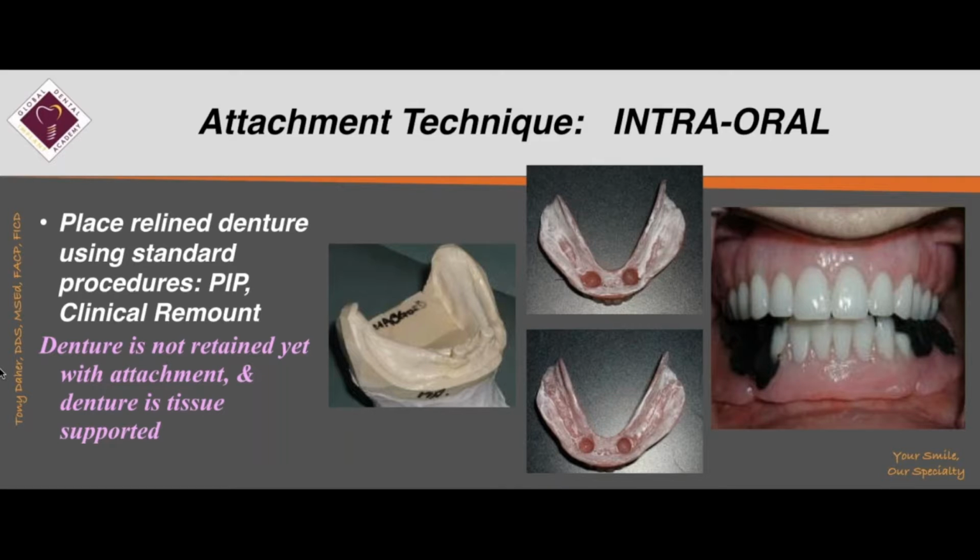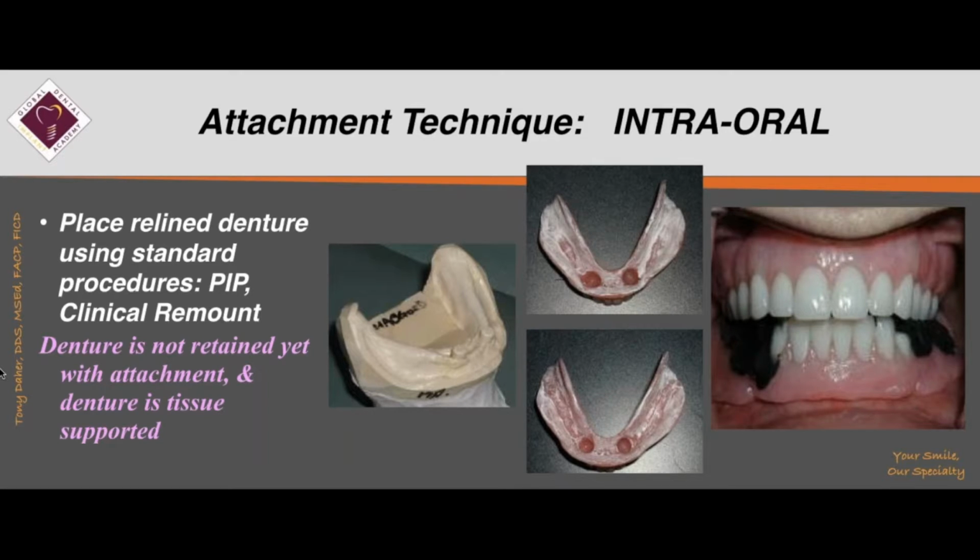And I usually, in the same visit when I place this denture, do not attach the denture to the implant, because I want the patient to wear it for a while and see if it's going to have a lot of sore spots or not. If the patient has sore spots after 24 or 48 hours, I'm going to have to troubleshoot.